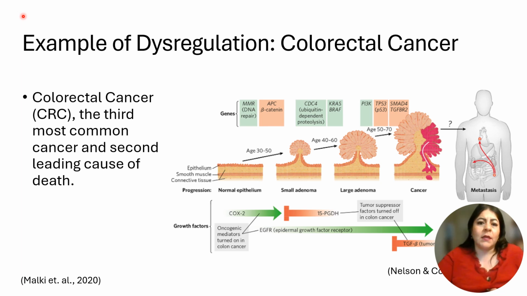Dysregulation in several key signaling pathways plays a crucial role in the development of this colorectal cancer. These pathways are integral to cell cycle control, and when disrupted can lead to unchecked or uncontrolled cell division.